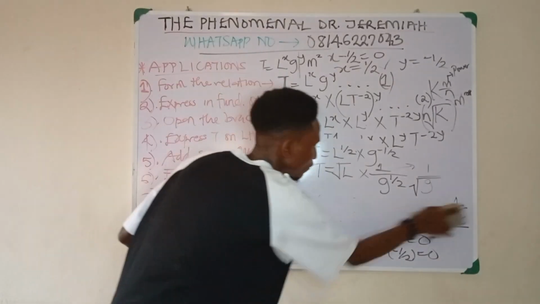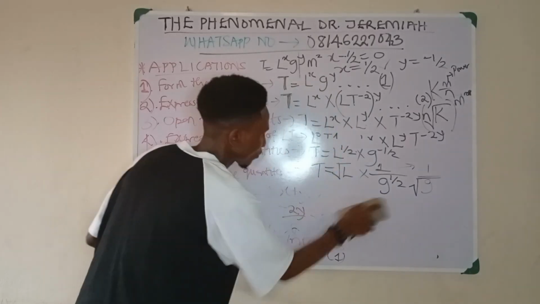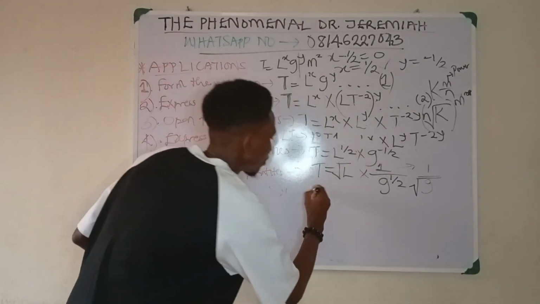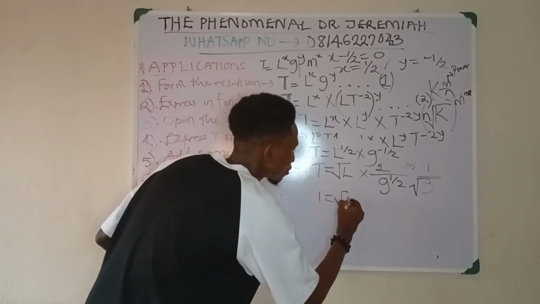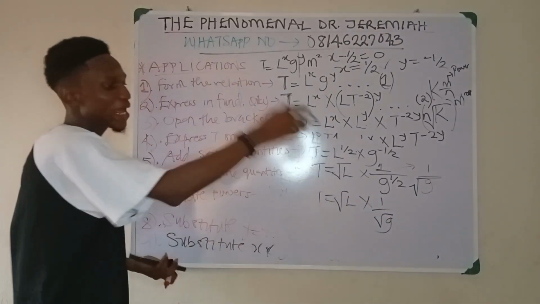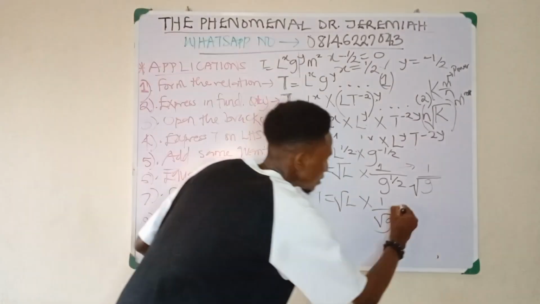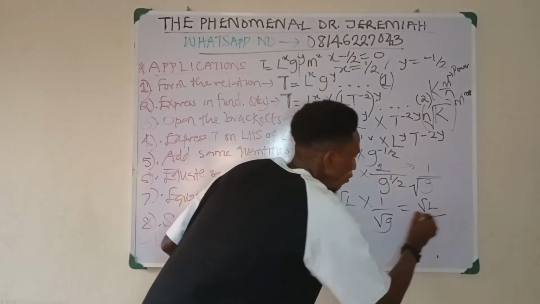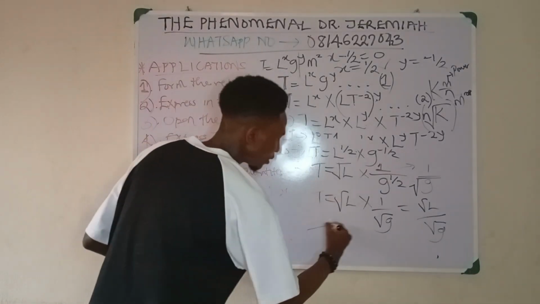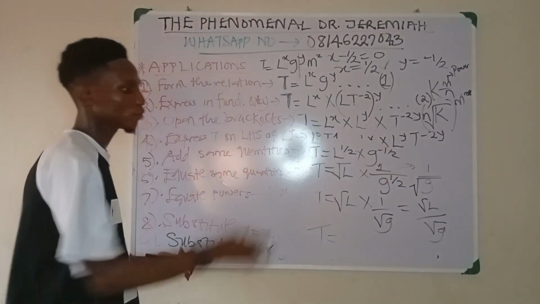Now what are we left with? Let me erase this part. We are left with t equals square root of l times 1 over square root of g. If you multiply both sides, you're going to get t equals square root of l over square root of g. Now you can bring a bigger square root since both of them are square roots.